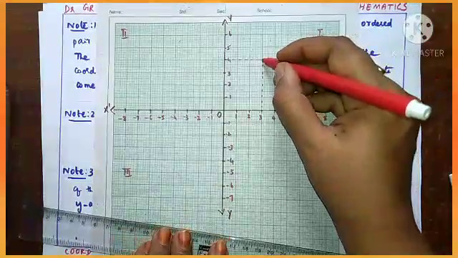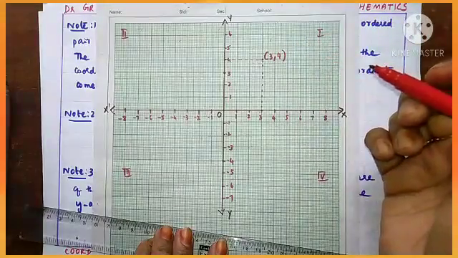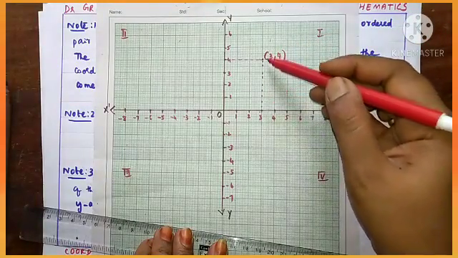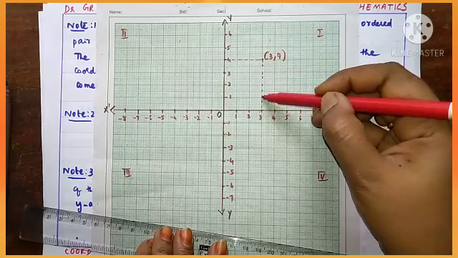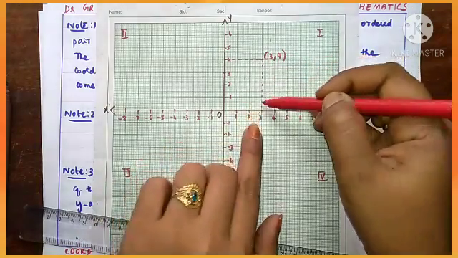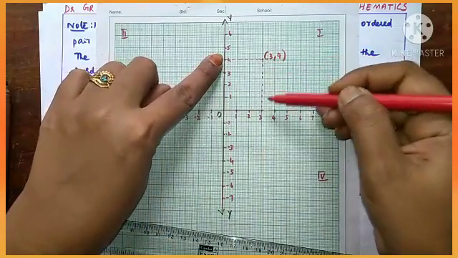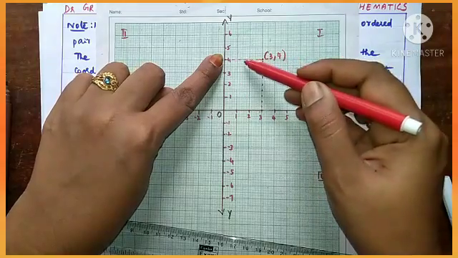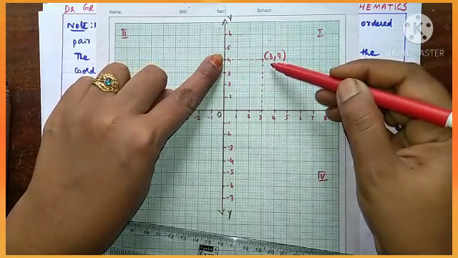So this is the position of (3, 4). What is the meaning of this? How far is this coordinate from the x-axis? This distance is equal to 4: 1, 2, 3, 4. So 4 units from the x-axis and 1, 2, 3, 3 units from the y-axis.